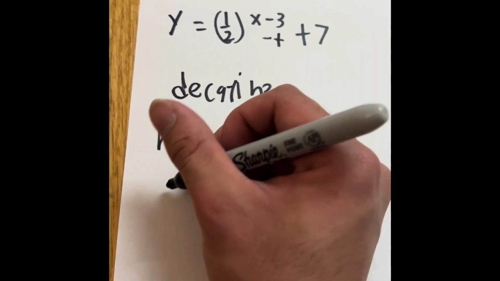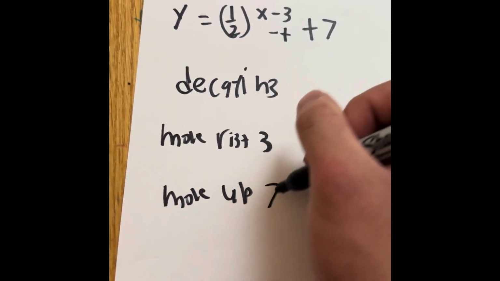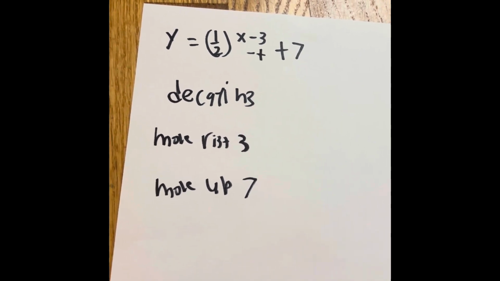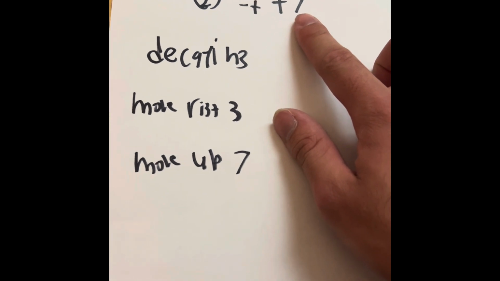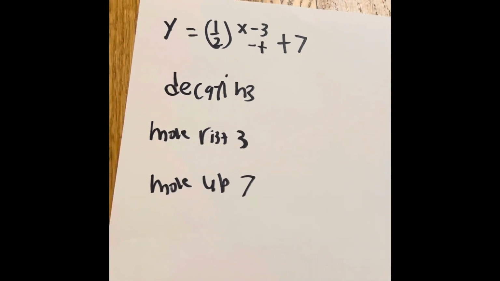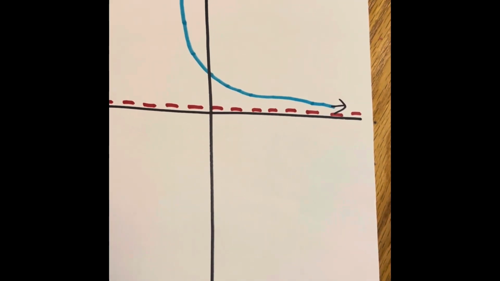Since it's a plus, we say move up 7. The last one is the easiest part. The 7 right here, the k value, is going to represent the asymptote.